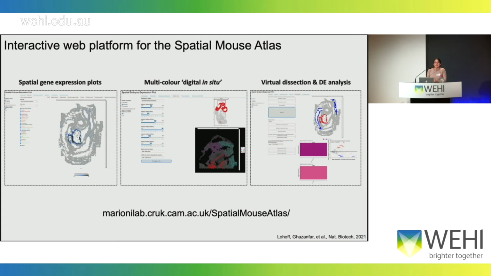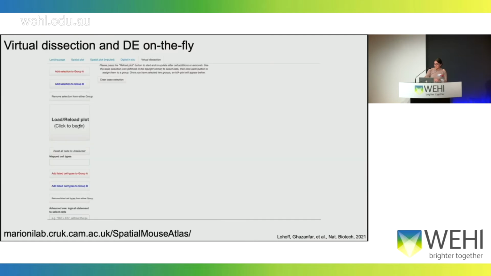Remember, we captured expression at individual molecule level, so we can perform multicolor digital in situs with any combination of genes among the library. Another feature I'll show in a bit more detail is virtual dissection and differential expression analysis.